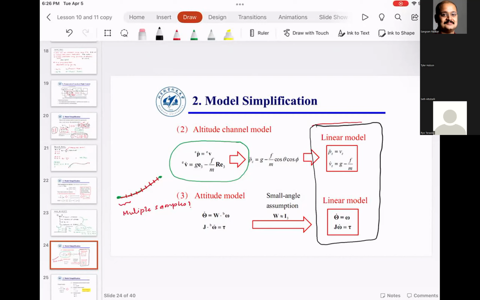It works well for the small region, but as soon as the quadcopter goes from this region to the next region, you schedule the gains, which means you change the gains. So your proportional gain would be different, your derivative gain would be different, your integral gain would be different, and that is called gain scheduling. So finally you are still dealing with linear control, but those coefficients are different depending upon the flight envelope.